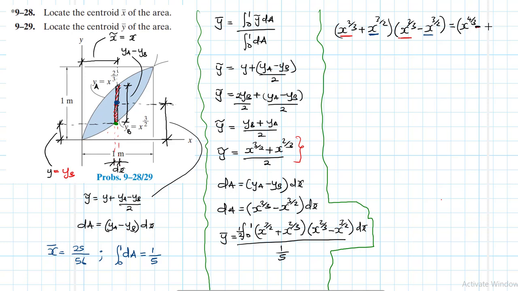What do you get when you do so? This becomes x to the power what? To the power 3. Alright, so replace that there. You just go like y bar is equal to 1 over 2 integral 0 to 1 of (x to the power 4 over 3 minus x to the power 3) dx divided by 1 over 5.